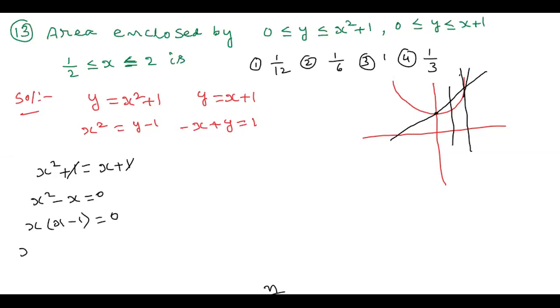So the x values are 0 and 1. If x is 0, then y is equal to 1. And x is equal to 1 means y is equal to 2. So finally, this point is 1 comma 2, and this point is 0 comma 1.